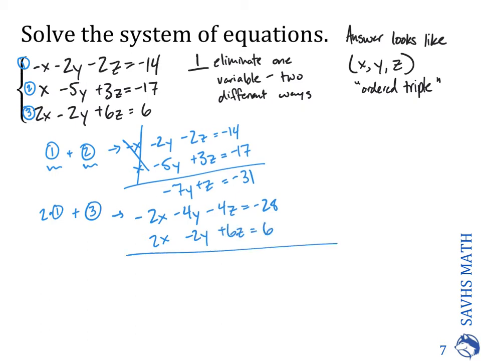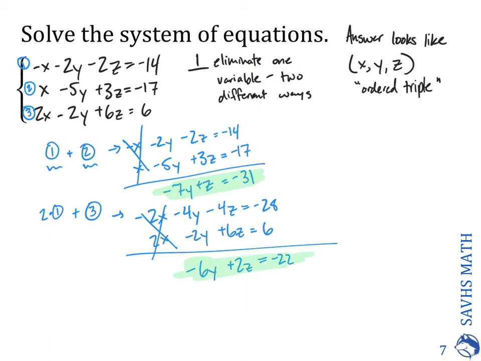When I add these together, again, my x's are going to add to 0, and I end up with negative 6y plus 2z equals negative 22 this time. So if I look really carefully at what I have created, I now have this and this.